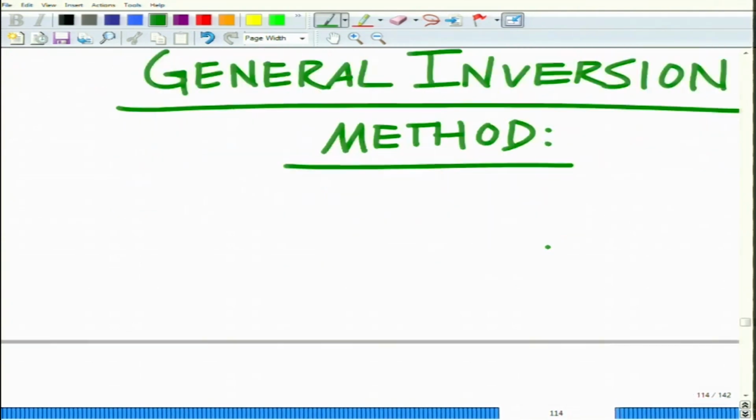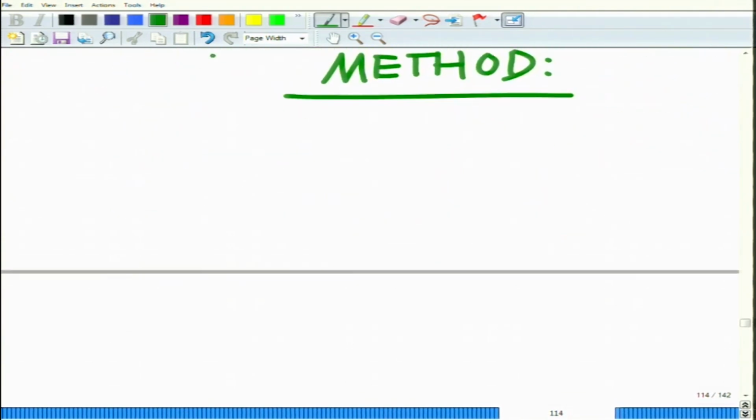The general inversion method to compute the inverse Z transform is as follows. Let us say X(z) is the given Z transform.